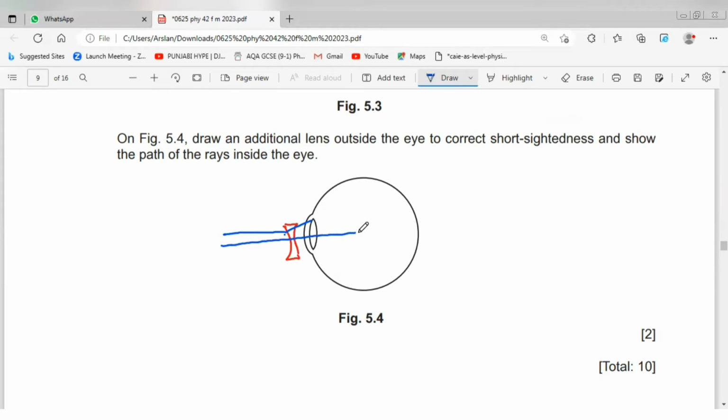One ray crosses the center, and this is the retina. The third ray will also diverge on this lens. This convex lens will converge these rays onto a single point on the retina. So you will get a clear image of an object. So question number 5 is completed.